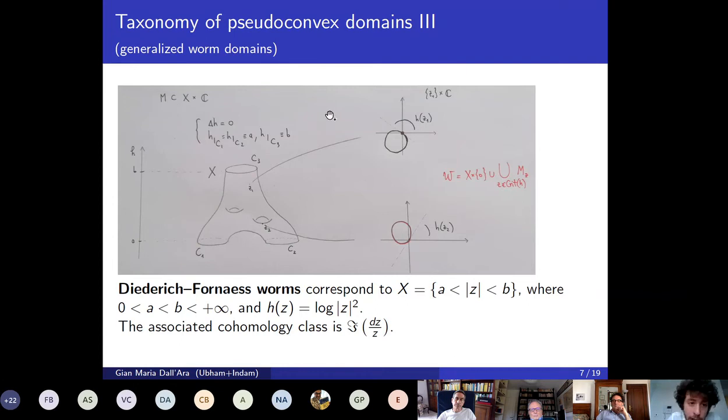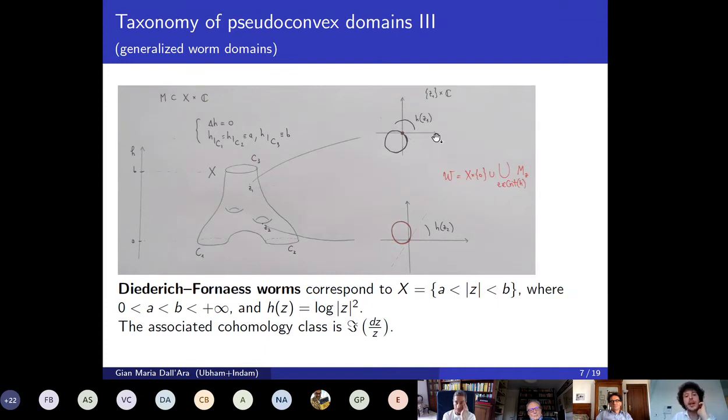And if you look at the domain in 2 complex variables with the property that its boundary contains such a Riemann surface, then what you discover is that over every point which is not a critical point, you will find in general some piece of real curve. Here you have to think that locally the boundary is a real hypersurface inside the trivial bundle over X. So you consider X Cartesian C, and over every point of X there is a full complex plane.